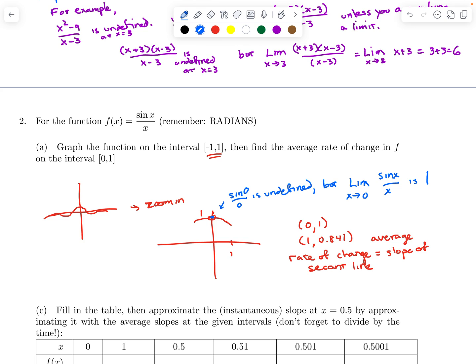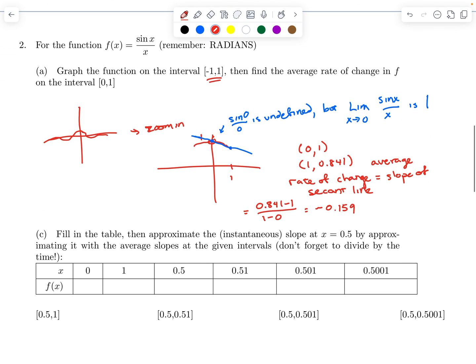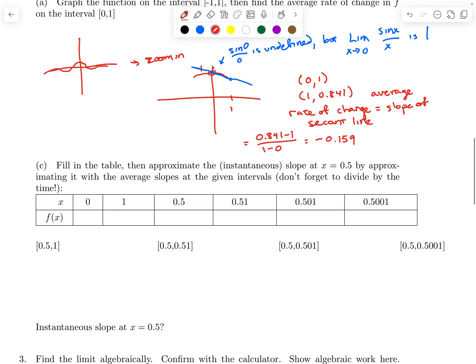It is a line that crosses in two places. Doesn't try to just touch. Okay, so the slope of the secant line is going to be a negative slope. Looks good from the picture. We'll fill in the table, and this is undefined, but the limit is 1, whatever.